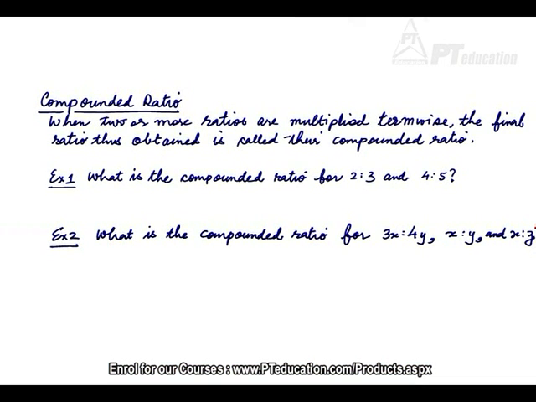Compounded ratio, the first example. What is the compounded ratio for 2 is to 3 and 4 is to 5? And the second, what is the compounded ratio for 3x is to 4y, x is to y, and x is to z? Let us solve both these examples one by one.